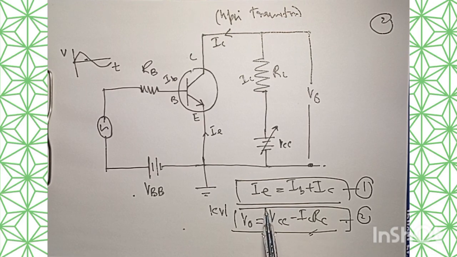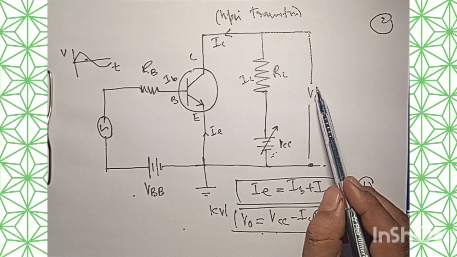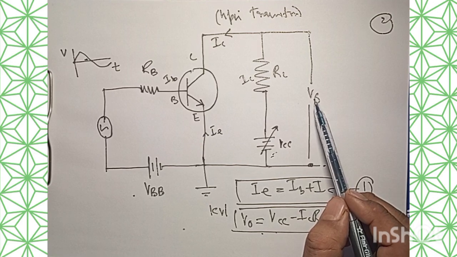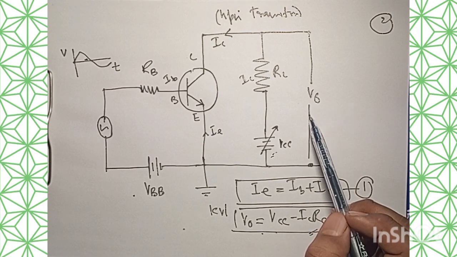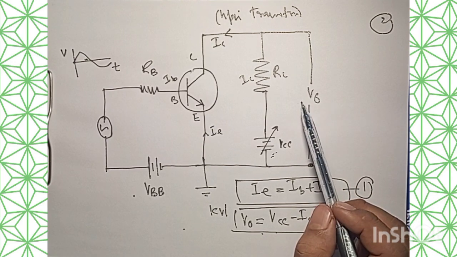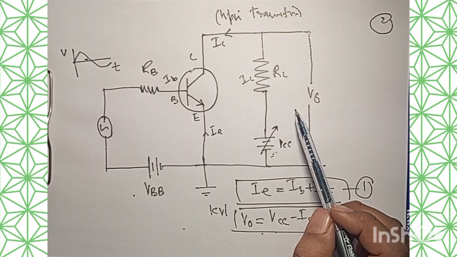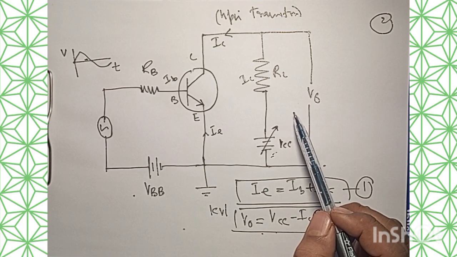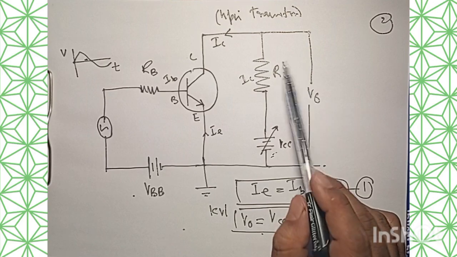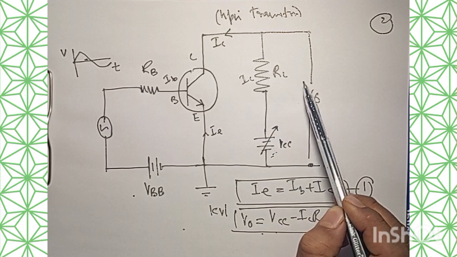Since the collector is connected to the positive terminal of the battery VCC, an increase in the output means that the collector voltage becomes more positive. Thus, an amplified positive signal is obtained across the resistor RL.